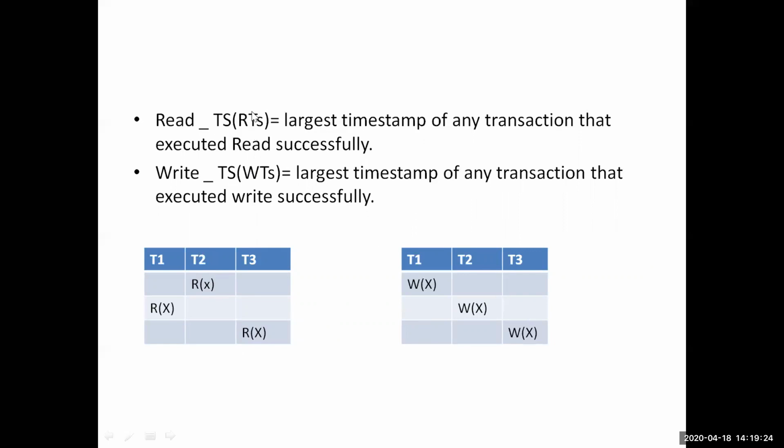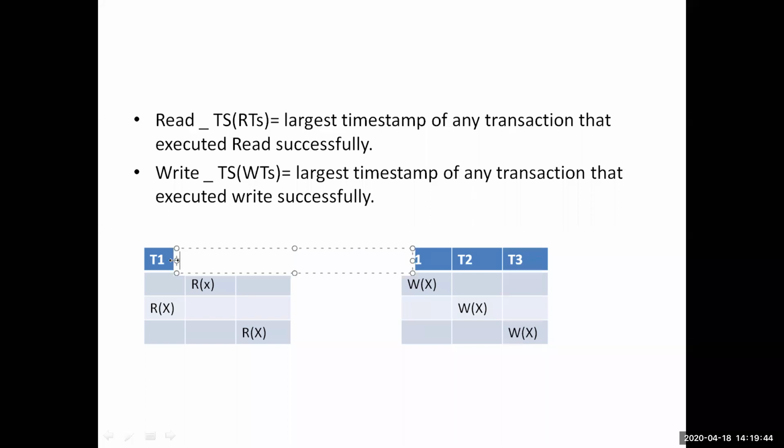So when I want to find out the read timestamp, what it indicates is the largest timestamp of any transaction that executed read successfully. This read is nothing but the last read successfully. So let's say my T1 entered into the system at 1 second, T2 enters into the system at 2 seconds and T3 enters into the system at 3 seconds.